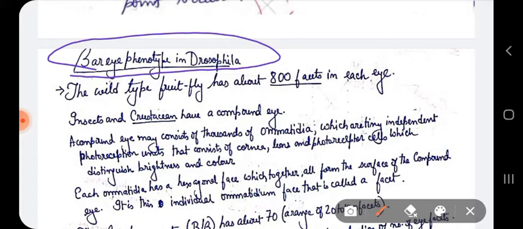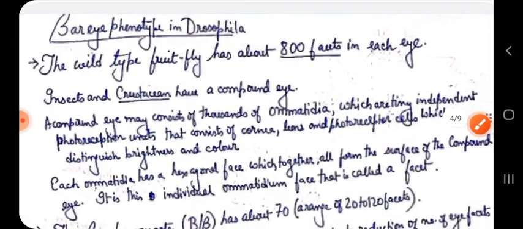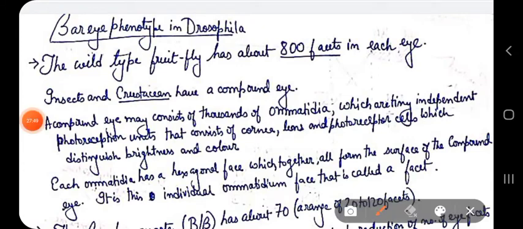For that, we have to know two or three terms, because bar I here refers to the eye part. Normally, insects and crustaceans have a compound eye, not like us.